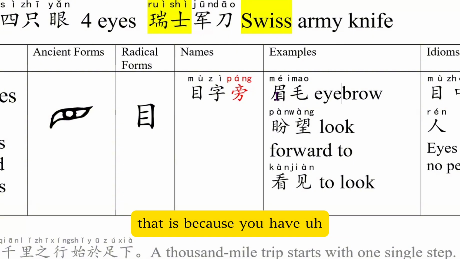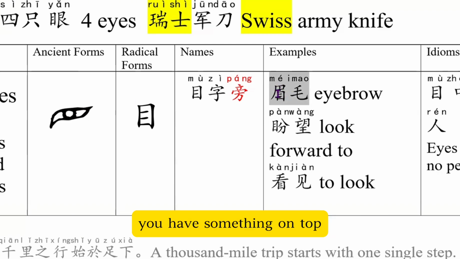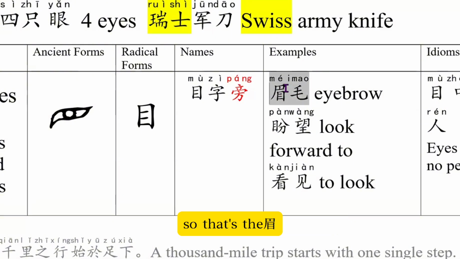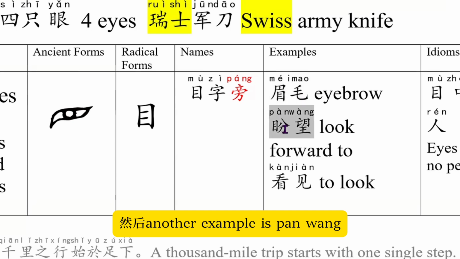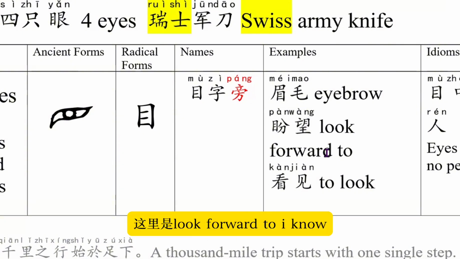That is because you have the eyebrow part, right? And then you have your eyes. So that's why you see the structure of the character is also the same. You have something on top, and then the 目 is at the bottom. So that's the 眉毛. 好，然后 another example is 盼望, 盼望。那盼望这里是 look forward to.